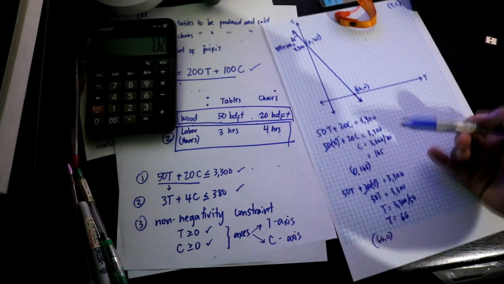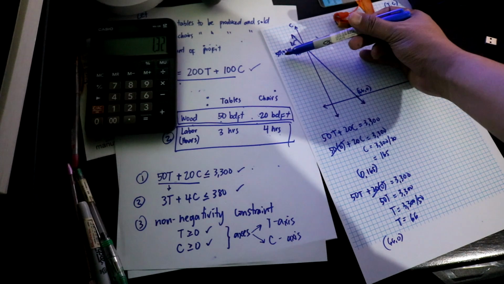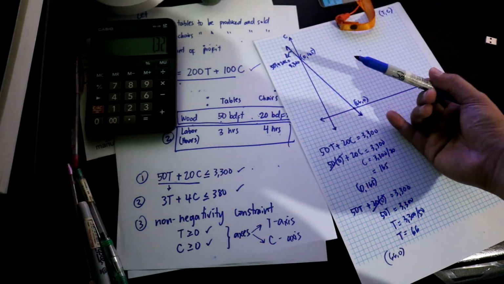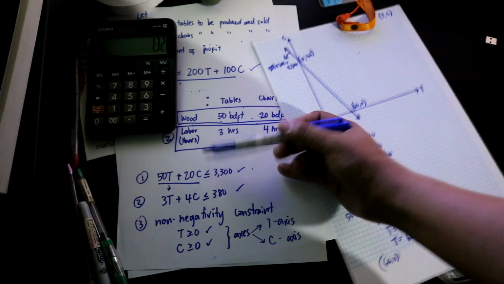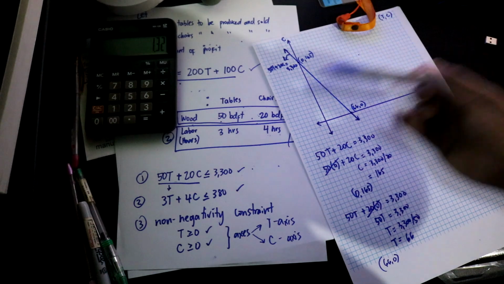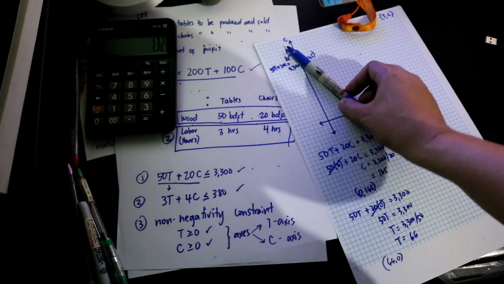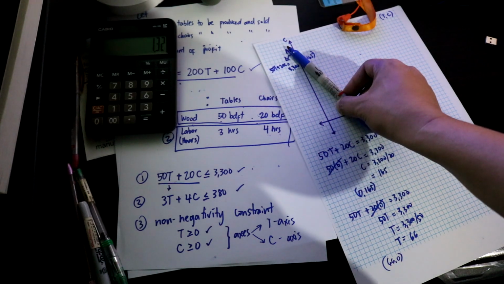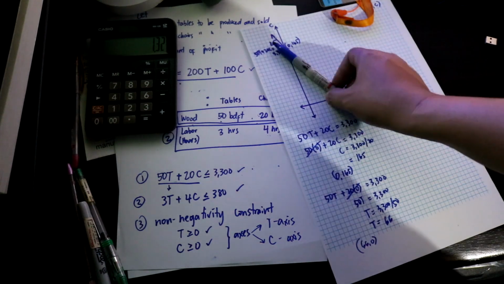Oh, and by the way, this is the graph of the equation 50t plus 20c is equal to 3,300, but not the inequality. So how are we going to show the inequality in the graph? If it is a less than or equal to inequality, we have to shade whatever is to the left or below the line.